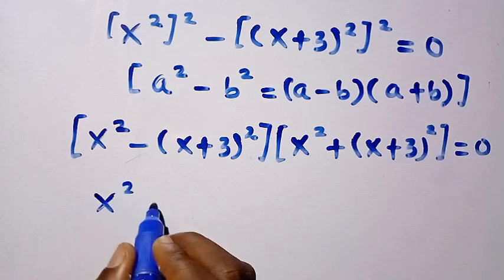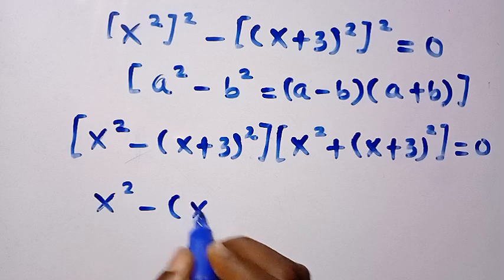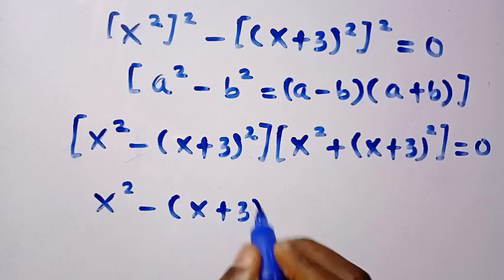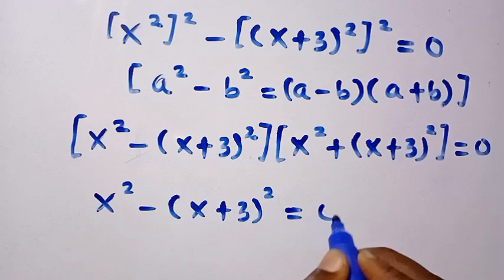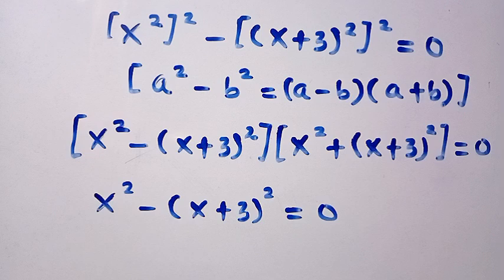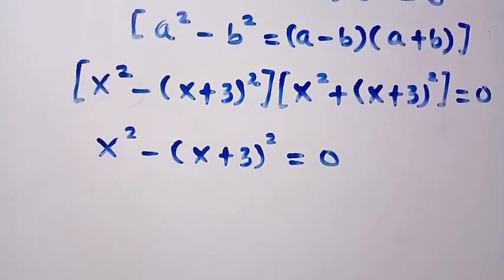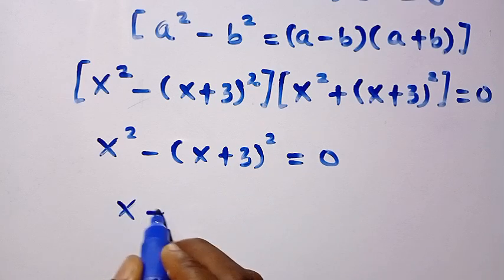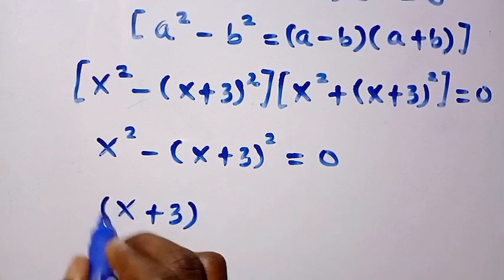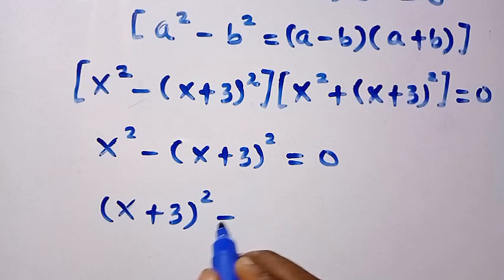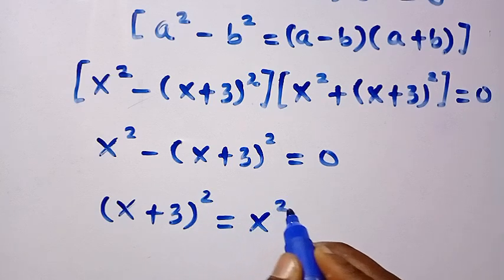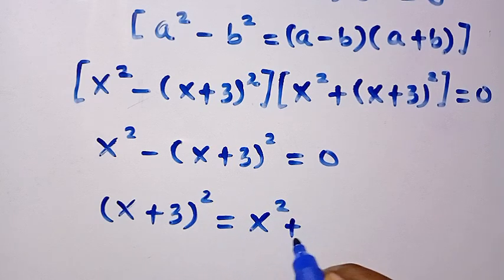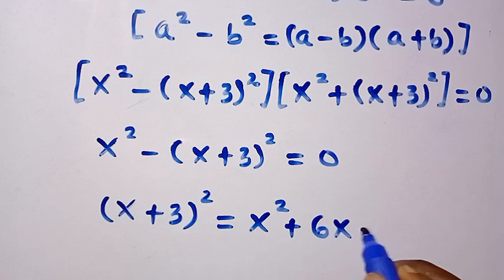For the first one, we have x^2 - (x + 3)^2 = 0. By trying to solve this, we have to note something first: every (x + 3)^2 that we have is given as x^2 + 6x + 9.